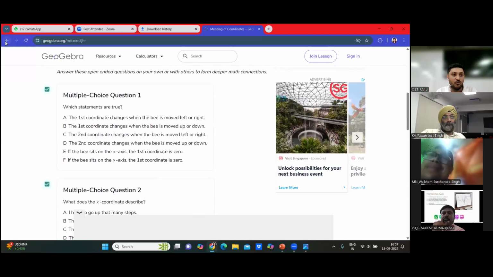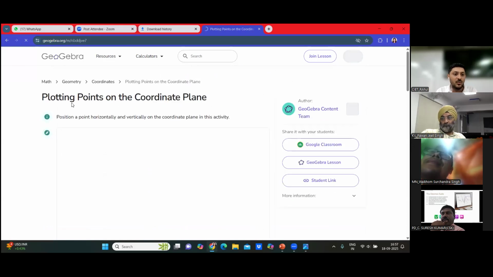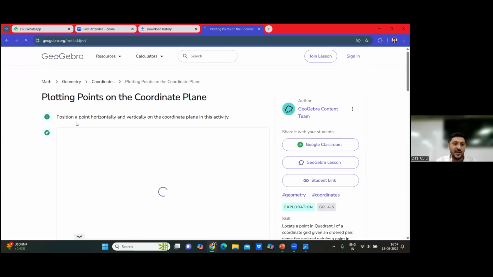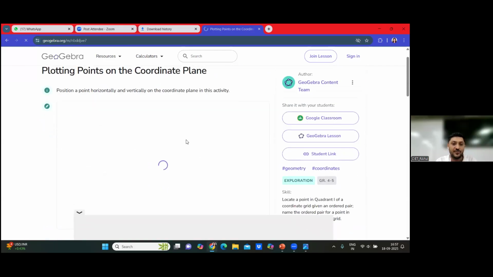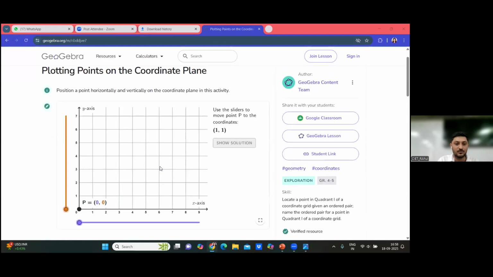We can see one more: plotting points on the coordinate plane. Position a point horizontally and vertically on the coordinate plane in this activity. Here when we move, these coordinates are showing.